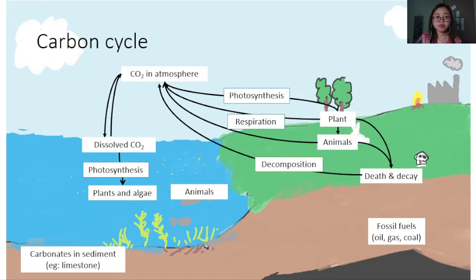When animals in the water eat the aquatic plants or algae, they will absorb the carbon from those organisms and make it part of their body. Animals, even though they're in the water, they still do respiration, and through respiration, they will release carbon dioxide back into the water. So it becomes the dissolved carbon dioxide once again.